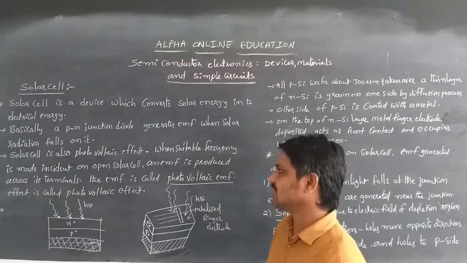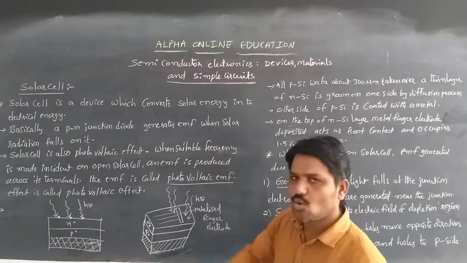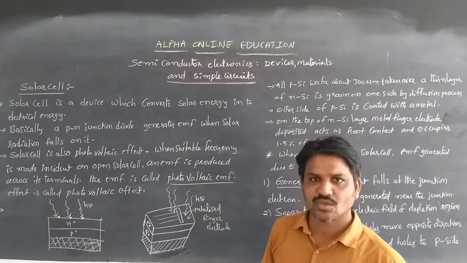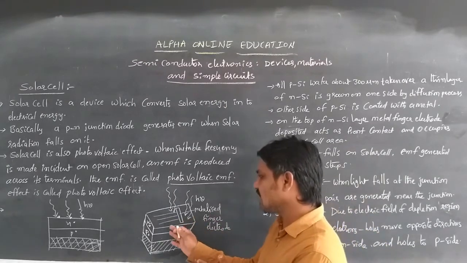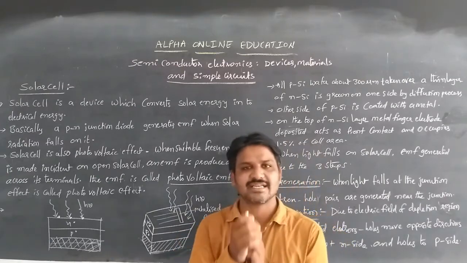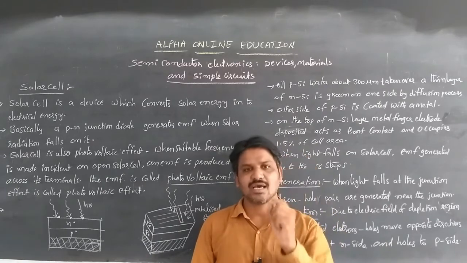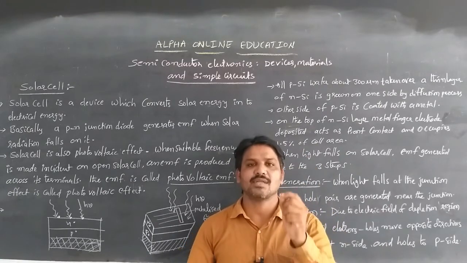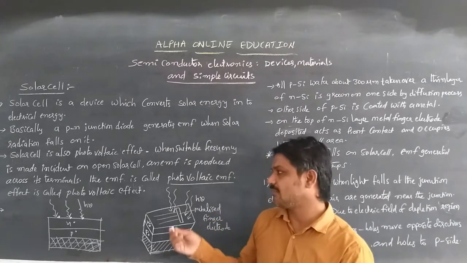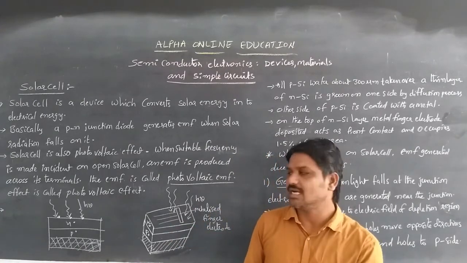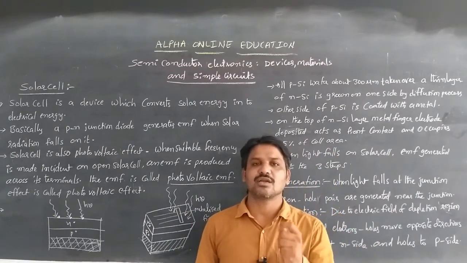Photovoltaic effect means when light of suitable frequency is incident on an open circuited solar cell, an EMF is produced across its terminals. That EMF is called a photovoltaic EMF.